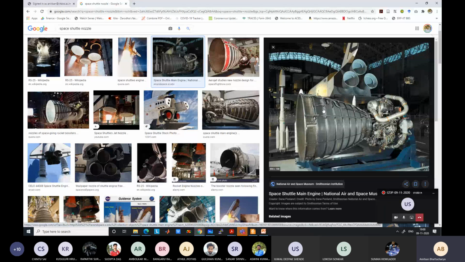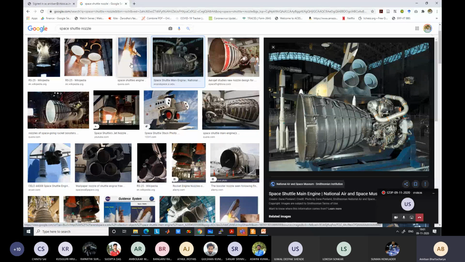This is diverging, right? Actually there is a converging part also, it is not visible inside. So there is the throat somewhere around here, and this is the diverging part of the nozzle. This is not a diffuser, this is the nozzle, and it is accelerating the exhaust gases to very large supersonic velocity. And that is needed because you need your space shuttle to go at very high velocity.